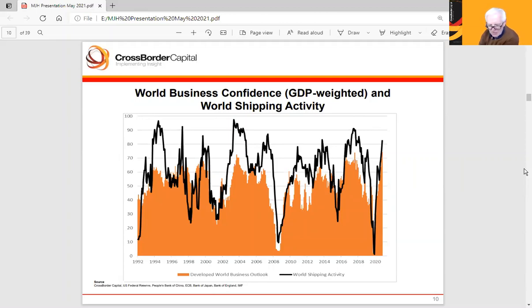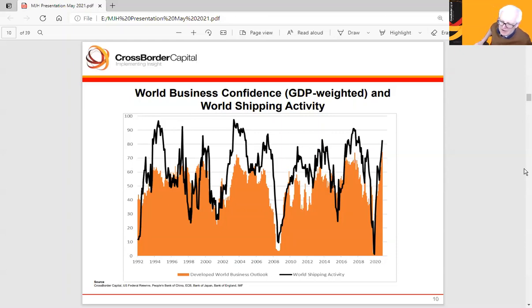So this is things like the US ISM survey, the Japanese Tankan survey, the UK CBI survey, etc. IFO in Germany, and various others. And it's put together in the orange line to show the extent to which economies have rebounded. So there's an awful lot of business confidence out there. We're well above levels that we've seen over the last decade.